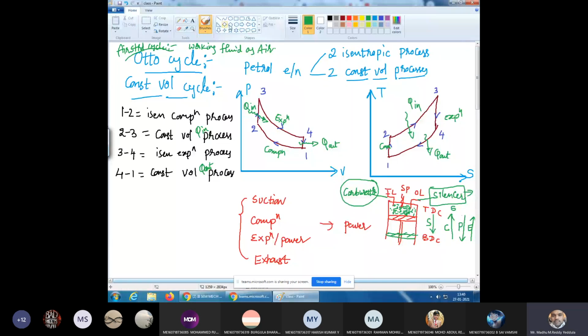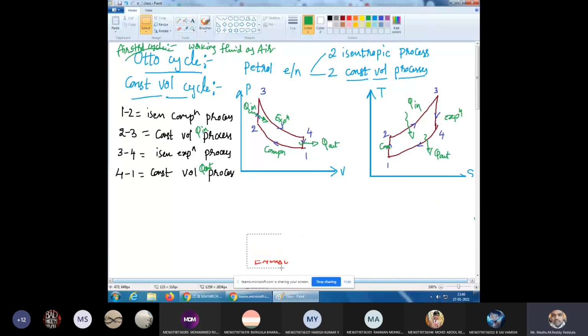Now, this is entropy S. Right now here, what is V1?